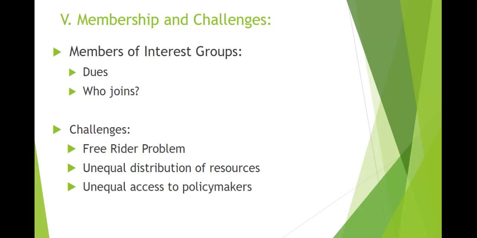And then a few of the challenges that come along with interest groups. A big one is called the free rider problem. The free rider problem is the fact that people who don't pay to help support an interest group can still benefit from that interest group's success.